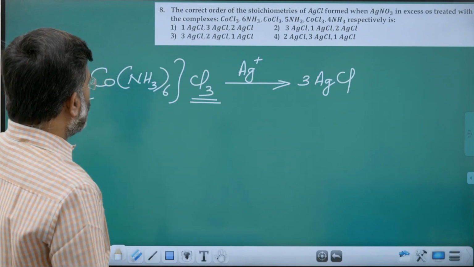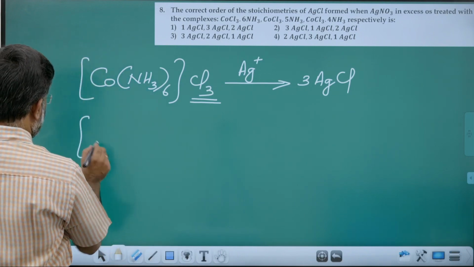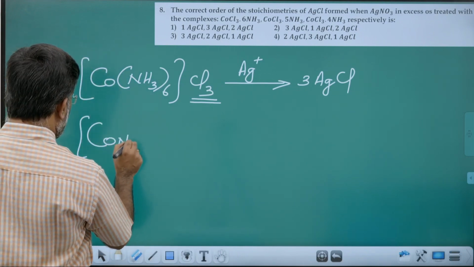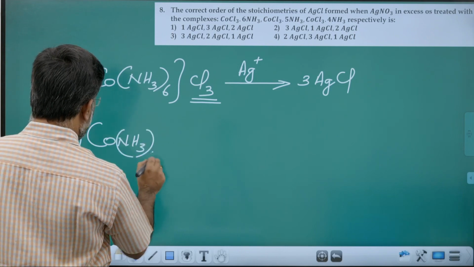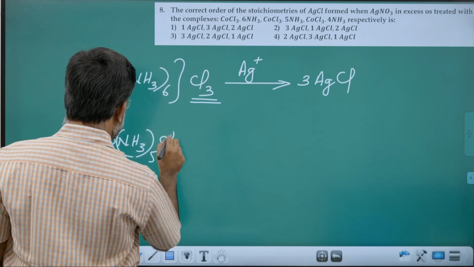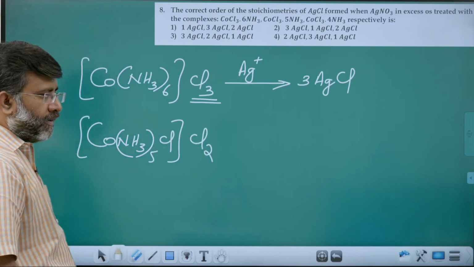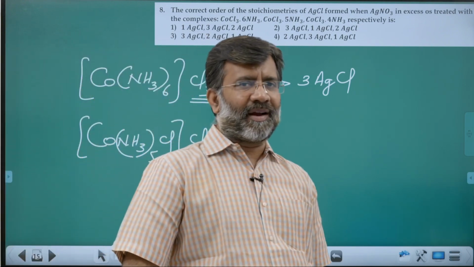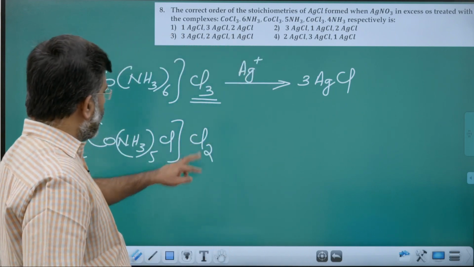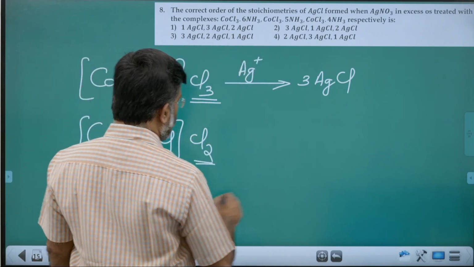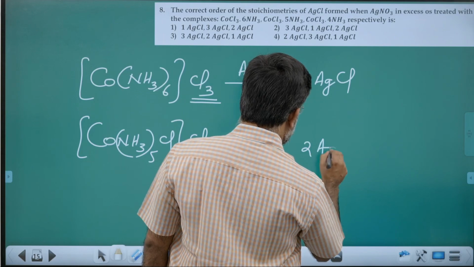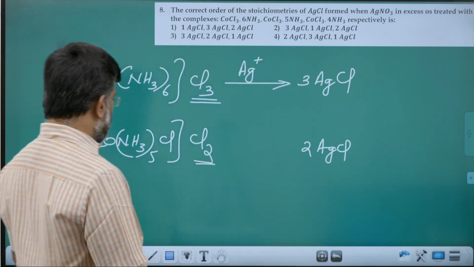Second one, 5 ammonia, 3 chlorine. So it is going to be [Co(NH3)5Cl]Cl2. Now what happens? 1 chlorine will come inside, 2 chlorines will be outside. Werner's experiment. 2 chlorines ionizable and therefore you will get 2 moles of AgCl precipitated.